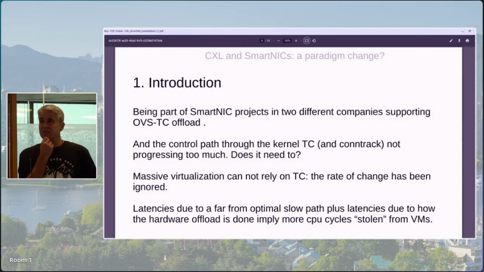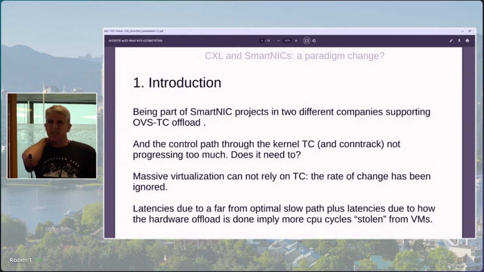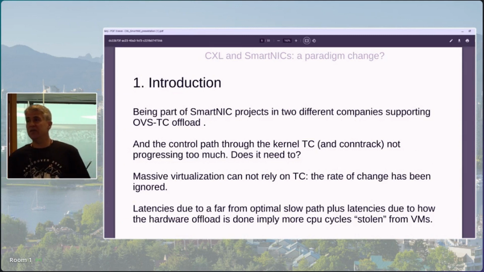Since it was established that this was the way for doing hardware offload with the SmartNICs, it has not evolved too much, right? And the question is, does it need to? Is it doing what is required? Okay, so my statement here is that we cannot rely on this TC for doing massive virtualization.